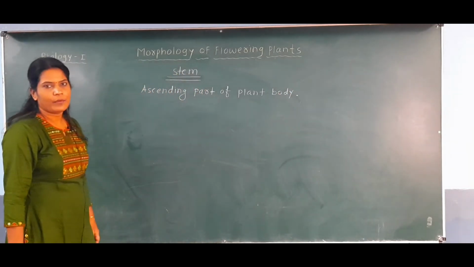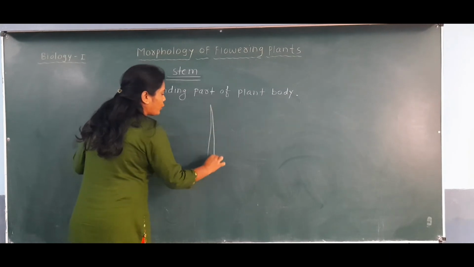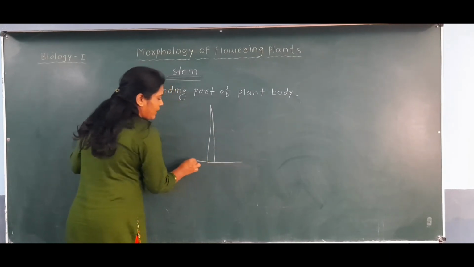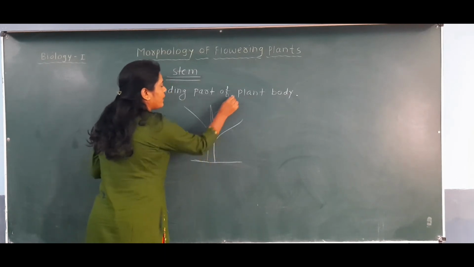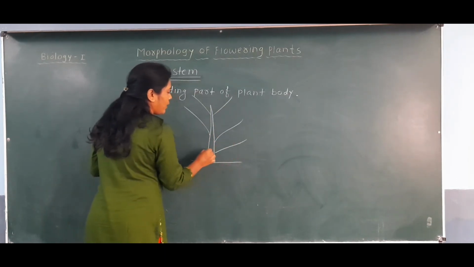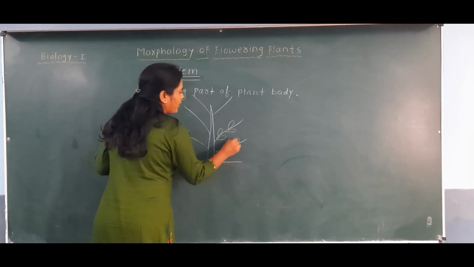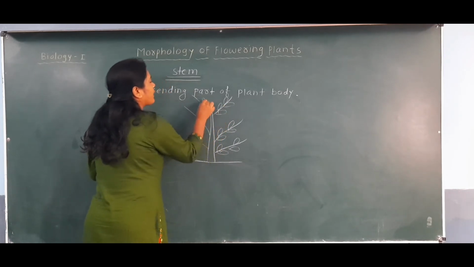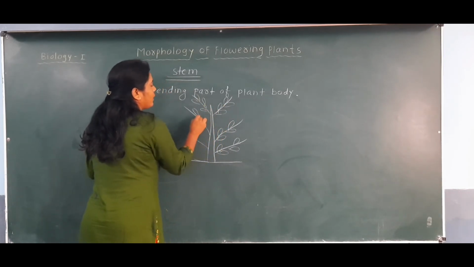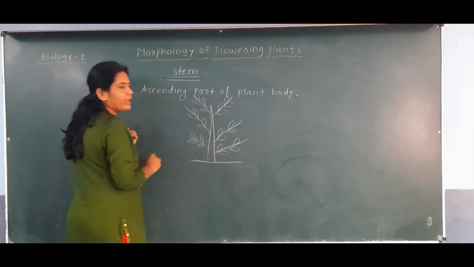If we see the diagram of the stem, this is the aerial part of the stem. On the stem you can observe different branches, and on these branches there will be leaves.